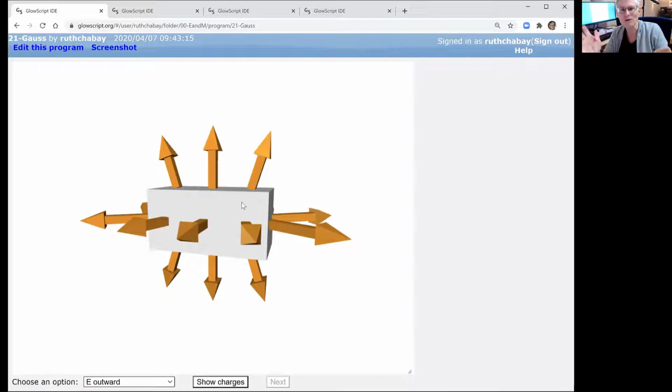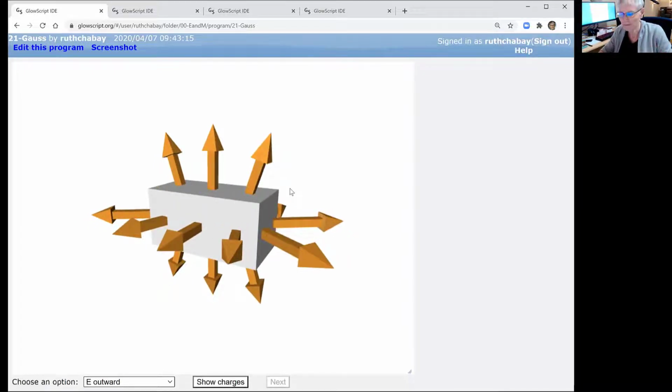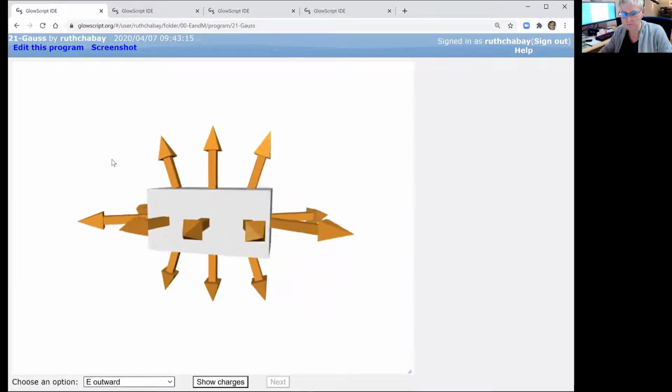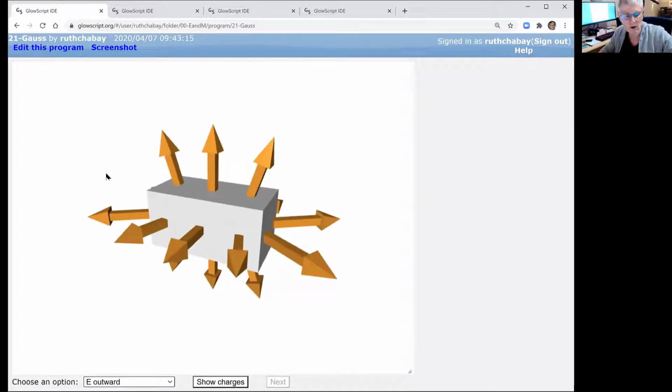It's fairly important that this be not affected by fields. So we observe this pattern of electric field all over the surface of the box. Now what we're going to deduce is what's inside the box.